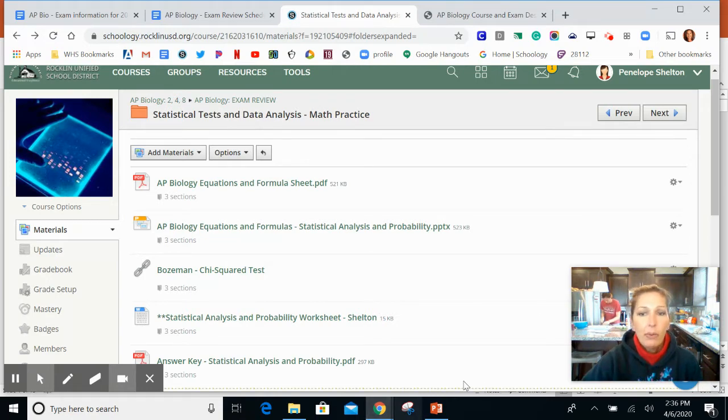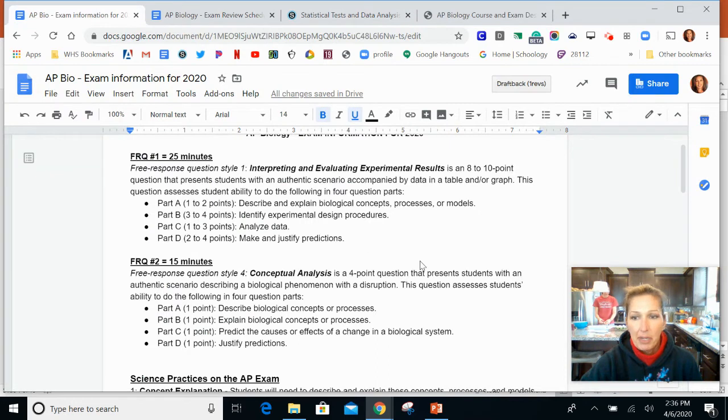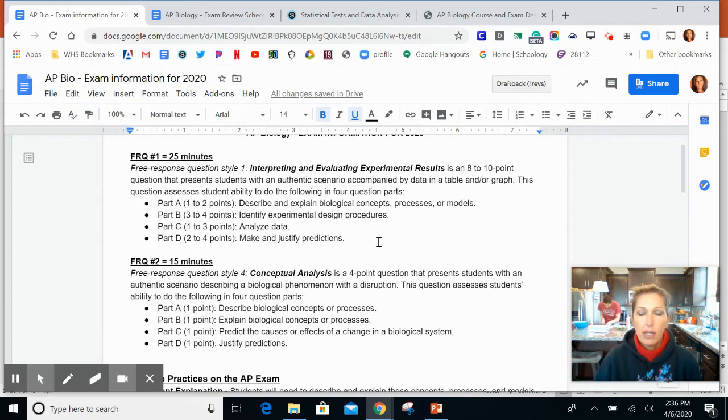But what we are talking about today is we are doing the first part of our math practice. I have provided for you some exam information. Remember that this year's test is way different because of COVID-19. You are only having two FRQs. Your first FRQ is 25 minutes.